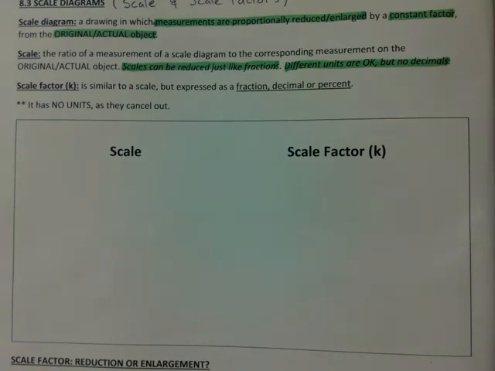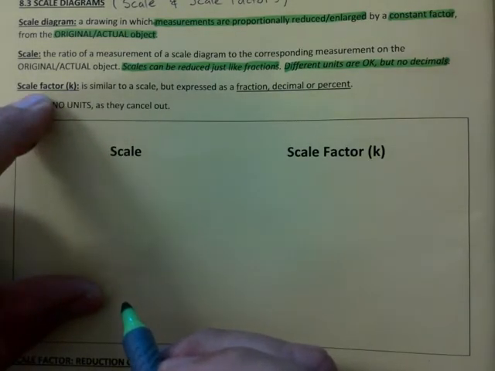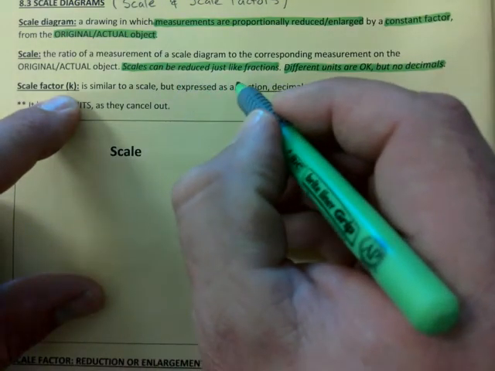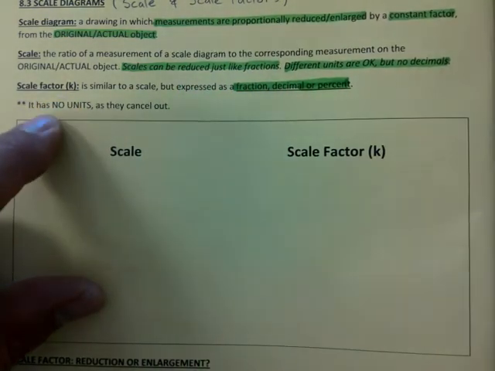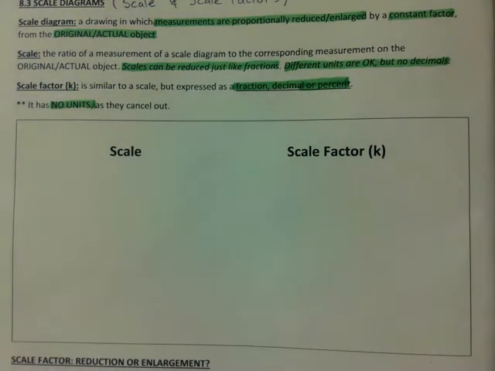We do everything by the same amount, so it's a constant. A scale factor, the letter K is associated with scale factor, which is going to be the most popular thing that we're going to deal with. Similar to scale, but it's expressed as a fraction, decimal, or percent, and it has no units. Okay, a scale factor doesn't have any units associated with it. They cancel out.